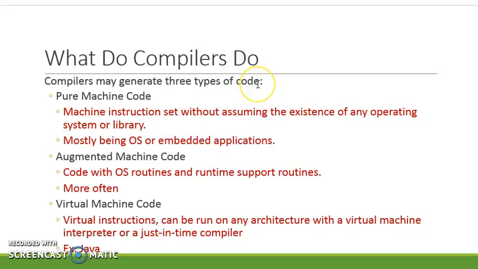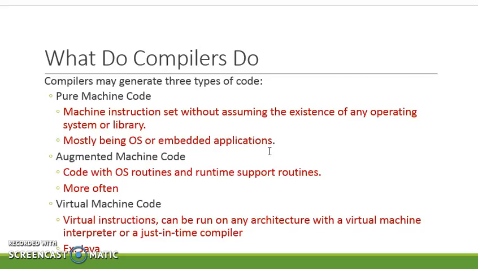What do compilers do? Compilers generate three different types of code. The first one is pure machine code, which uses the machine instruction set without assuming the existence of any operating system or library. This is mostly used for operating systems or embedded applications.